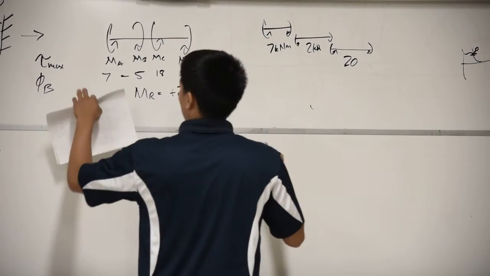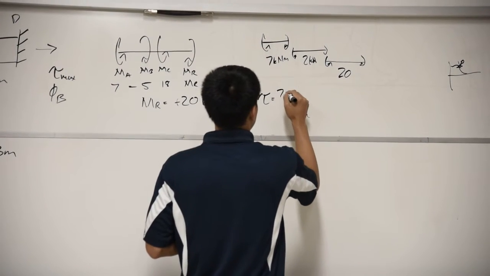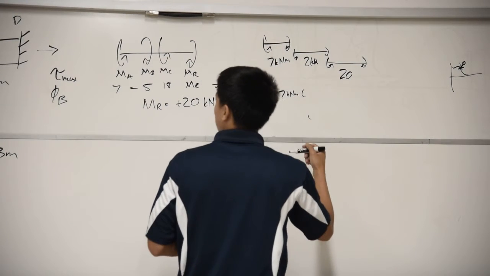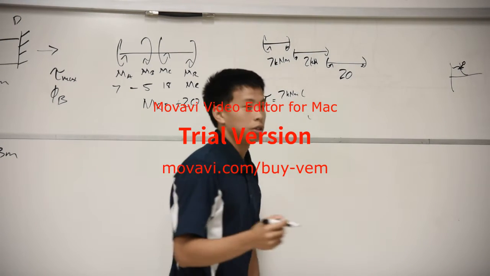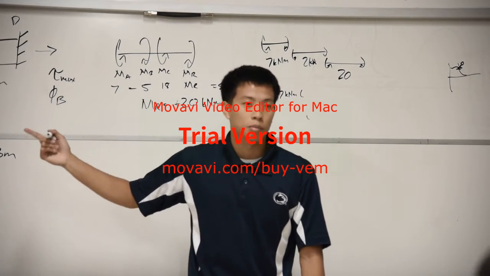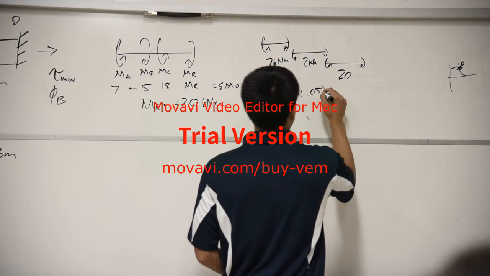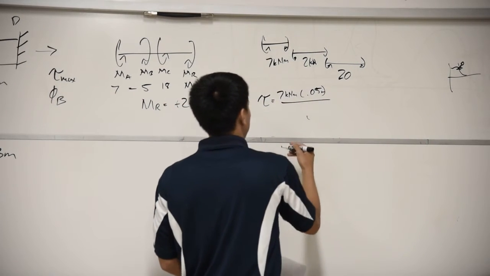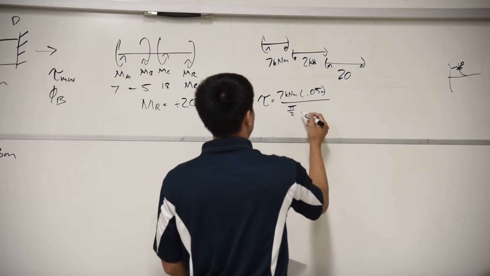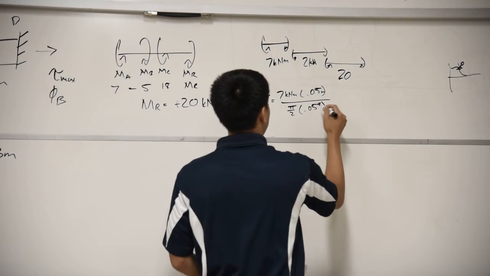Alright, for tau max, tau for this one equals 7, remember it's kilonewton meters, times the c value, which would be half of that, 50 millimeters, and then put it in meters, so it's 0.05 meters, over pi over 2 times 0.05 to the 4th.